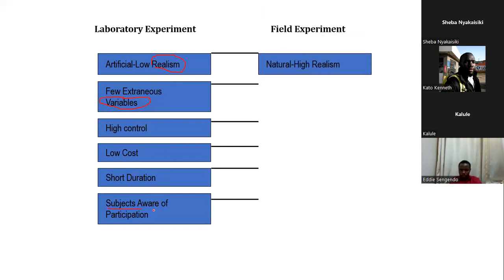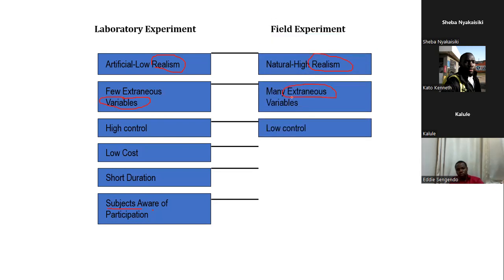Now, on the side of field experiment, reality is high. The real world is more felt or realized. You have more external variables that will interfere with your subjects.